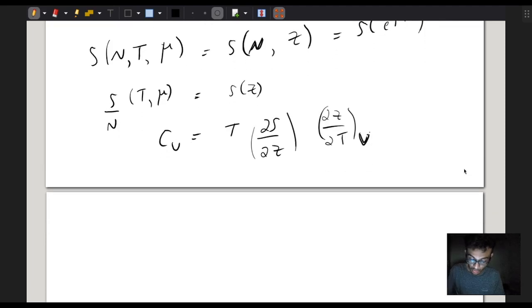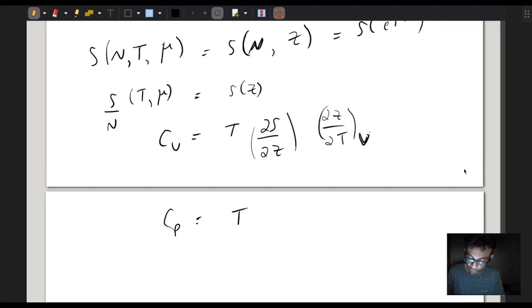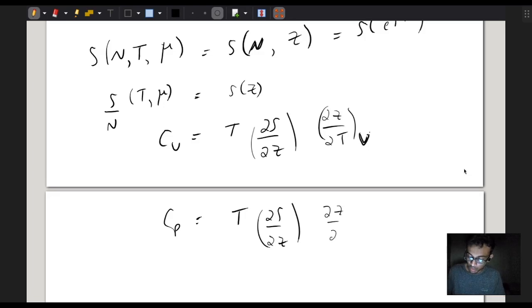So we can write this, and similarly Cp is T dou S by dou Z times dou Z by dou T at constant pressure.